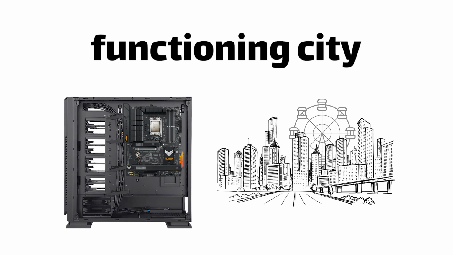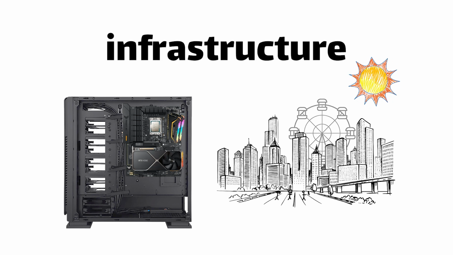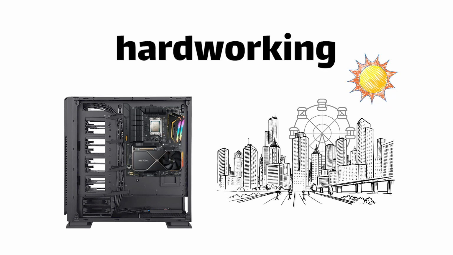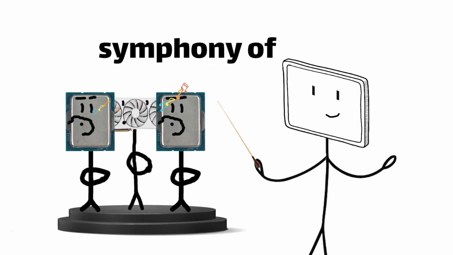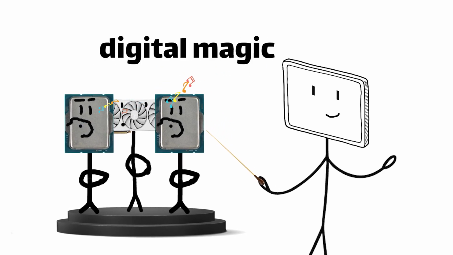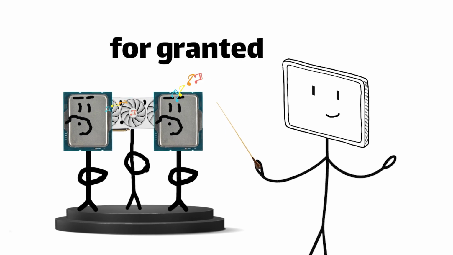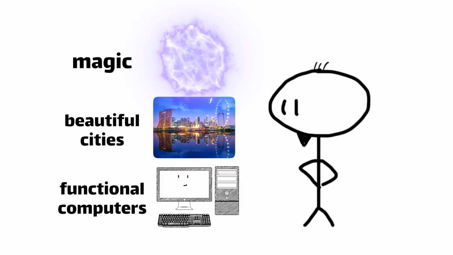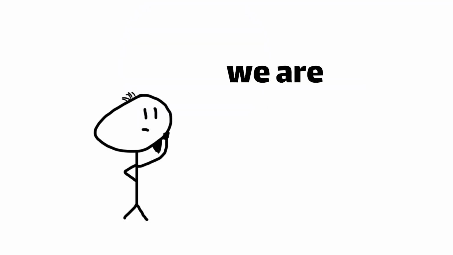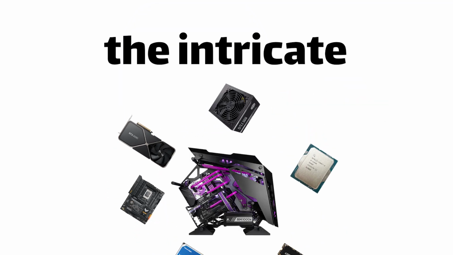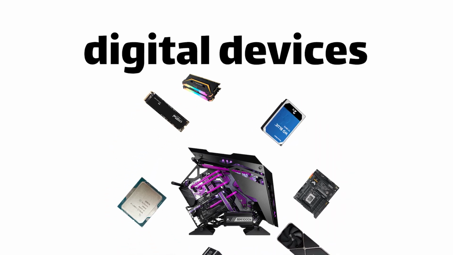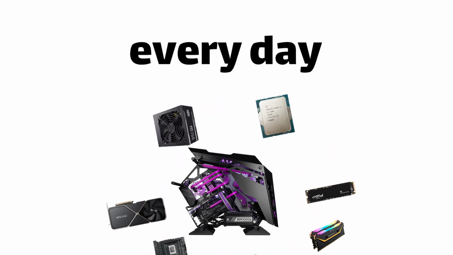Just like a well-functioning city needs strong infrastructure, reliable power supply, and hard-working citizens, your computer relies on a carefully orchestrated symphony of hardware to bring you the digital magic we often take for granted. Well, who doesn't love magic, beautiful cities, and functional computers? That's why we're going to take an in-depth exploration on computer hardware, the intricate components that power the digital devices we love and rely on every day.